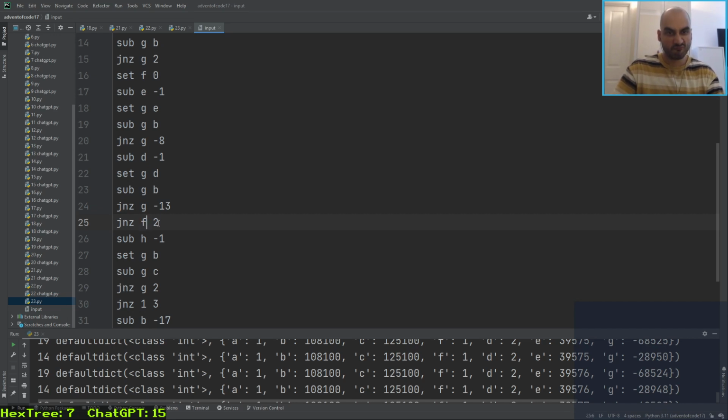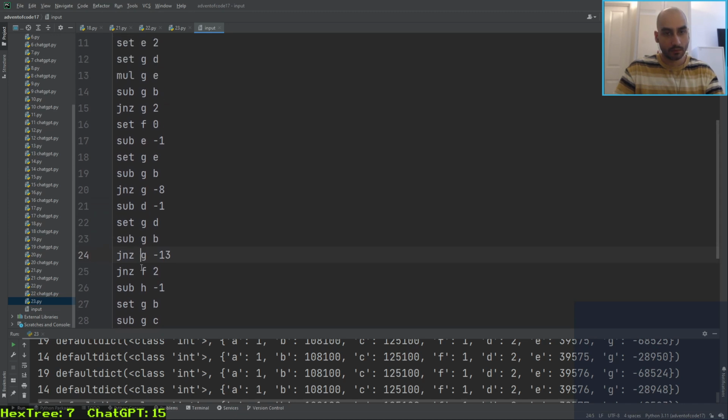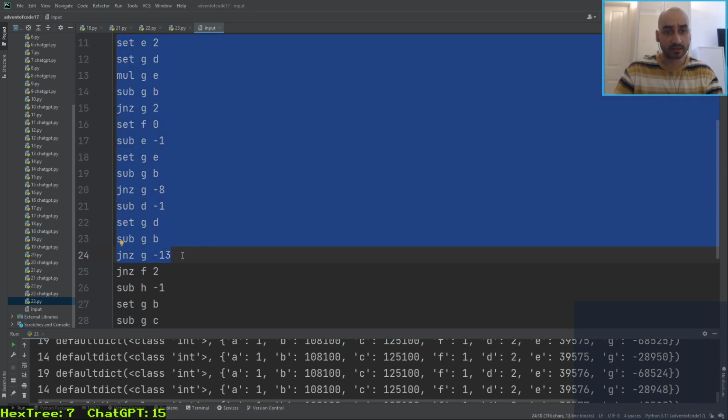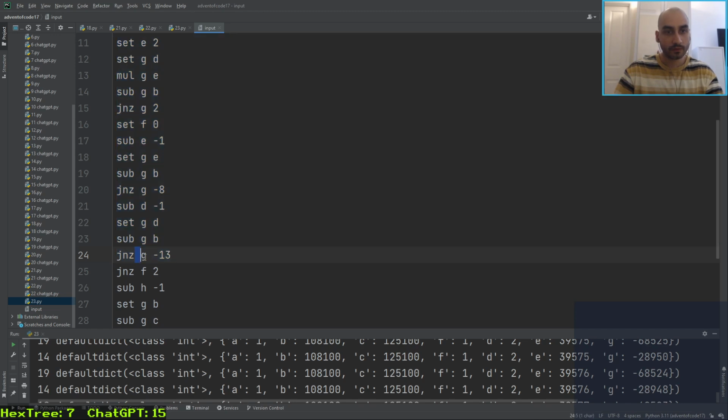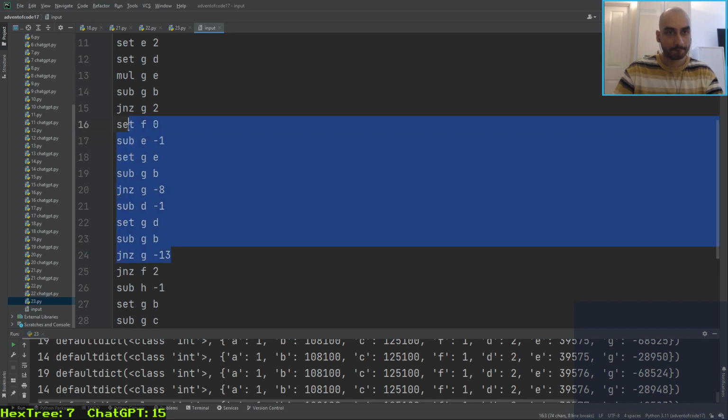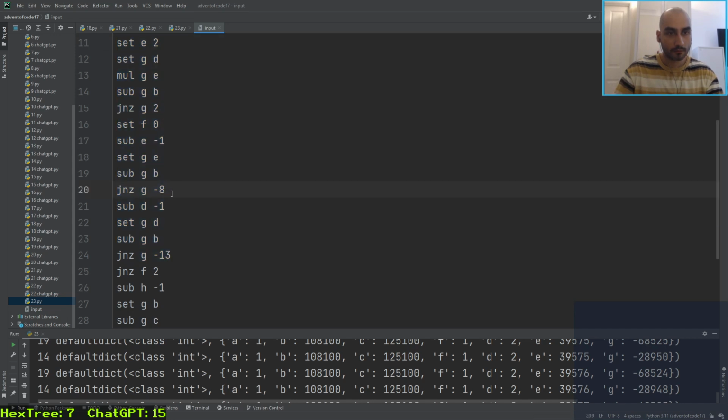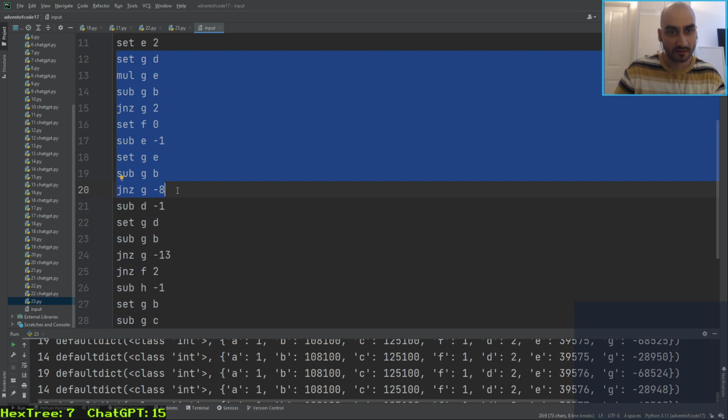Okay, f is 0. So this block here just keeps repeating until g is 0.